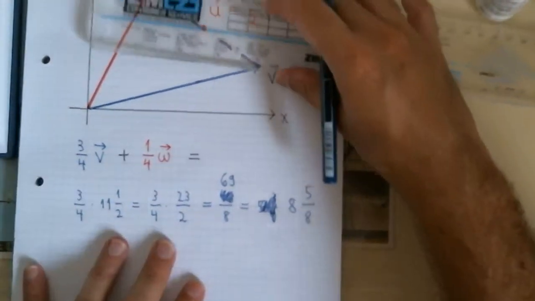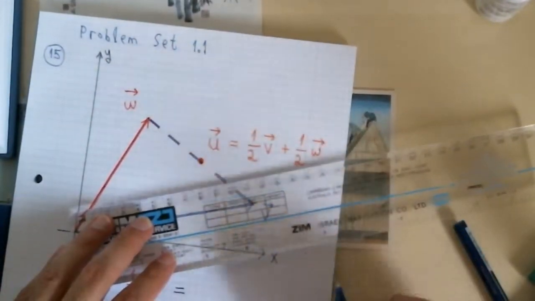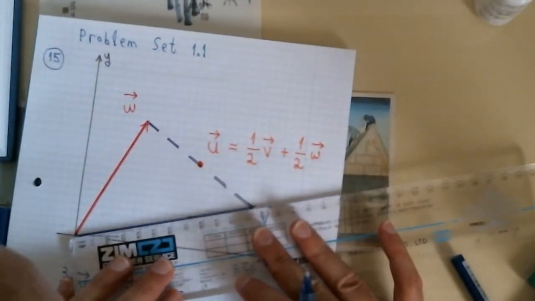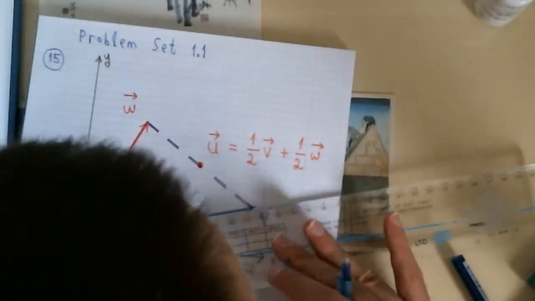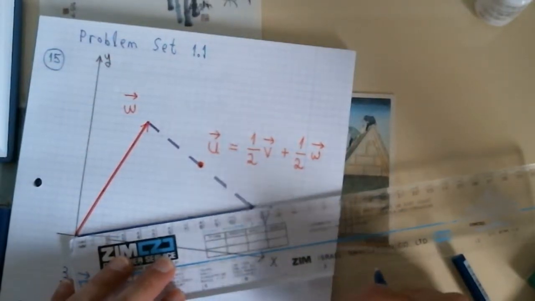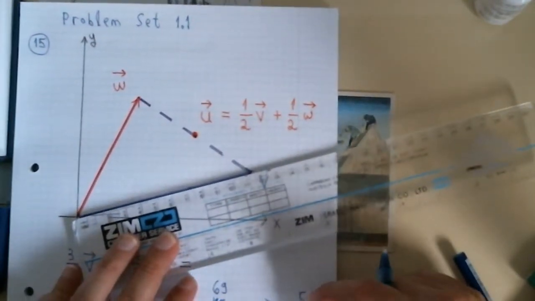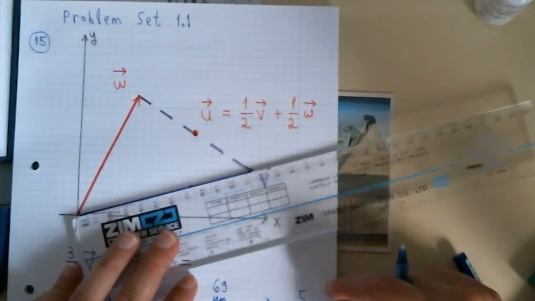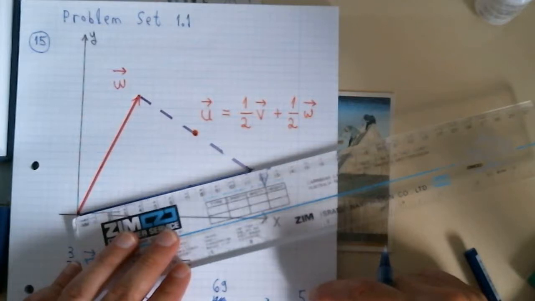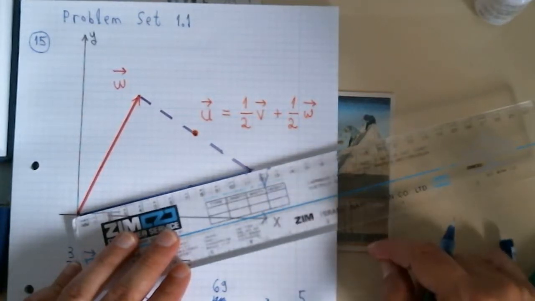Okay, so 5 divided by 8, if 1/8 is 0.125, so 5 of these would be 0.625, okay?